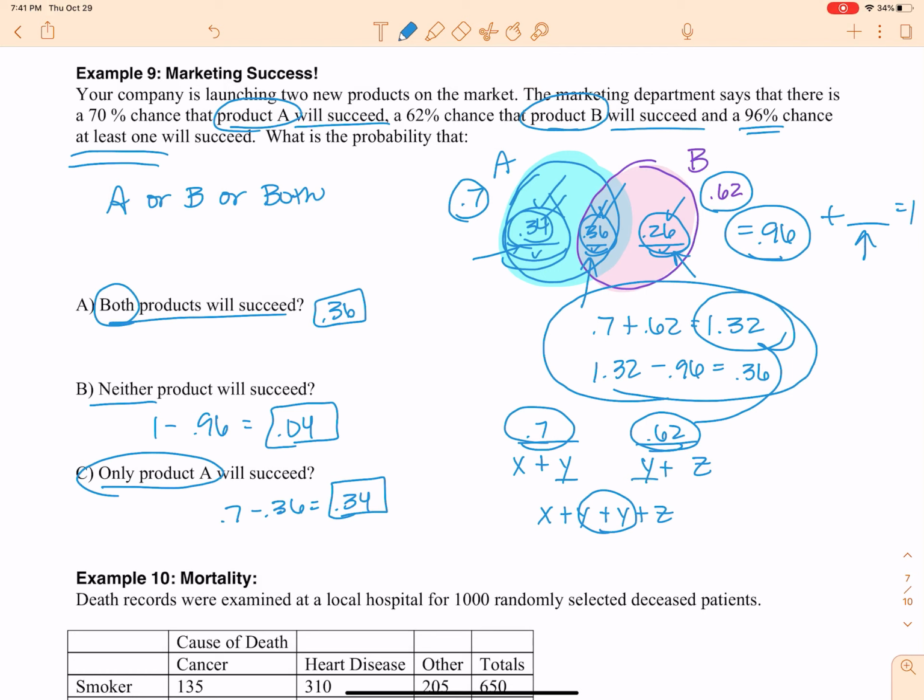That is why subtracting the 0.96 from this will give me this overlap here in the middle, because 0.96 consists of the x blank plus the y blank plus the z blank without the overlap. So see, this right here is overlap. So hopefully that helps you understand it. Sometimes an algebraic picture helps a little bit. So if not, ask me some questions. We can get this clarified.